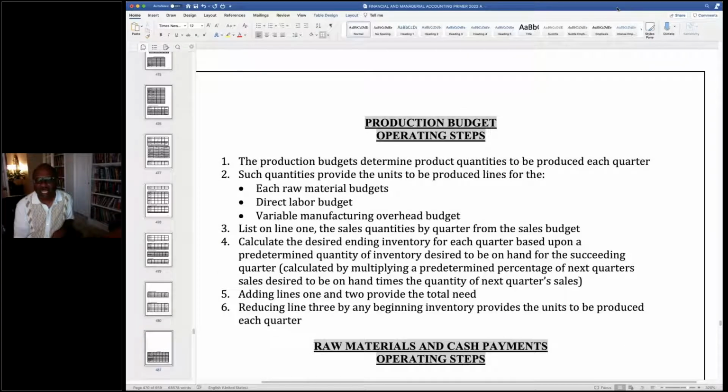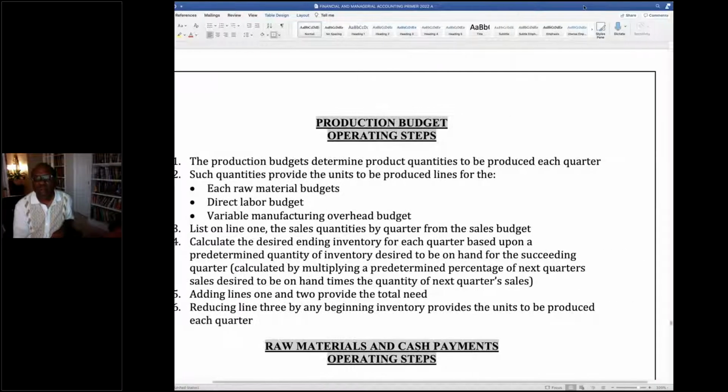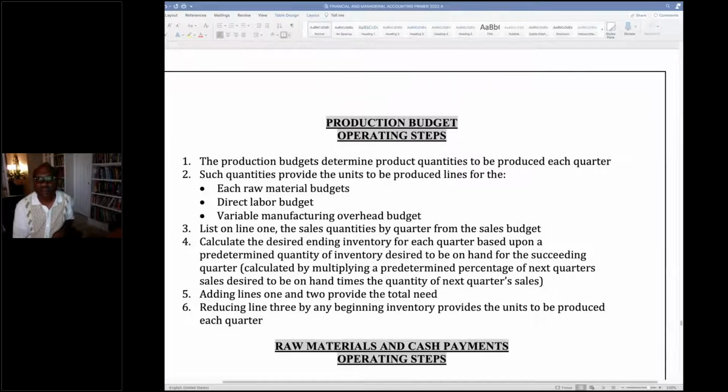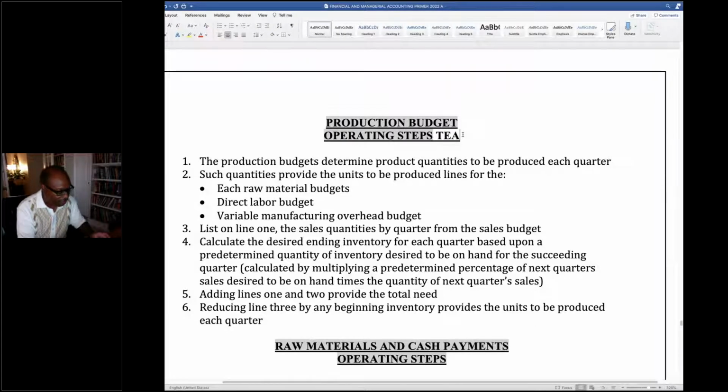Our production budget is the next budget, and I think I'm going to assign that to team 4. Team 4, you've got to do the production budget.